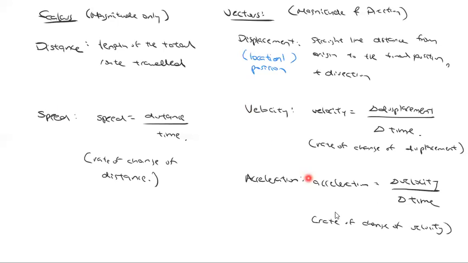So let's just distinguish some things. Do you understand the difference between average speed and instantaneous speed? Yes. What's the difference? The average speed is just the average speed. How would you calculate it?